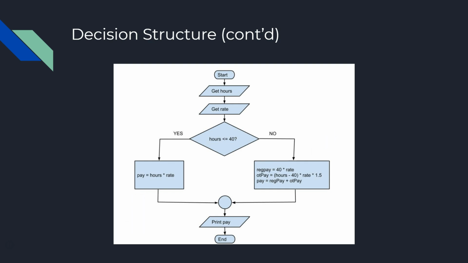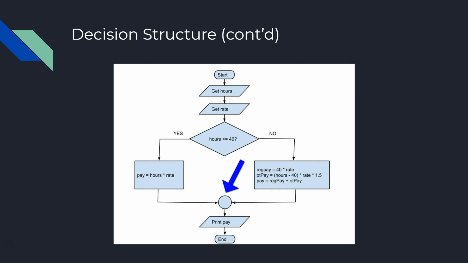And then something you didn't see in the chart before is that circle in the middle down there. That circle, well, it's a circle really. It's just a way to join all those lines together because they're related. As you can see, all those rectangular boxes are actually pointing to the print pay parallelogram at the bottom. So instead of having 2 lines going to the print pay box, because you might have other ways as well from other locations that might be calling the same function to print data, you might have 10 lines pointing to the print pay box.